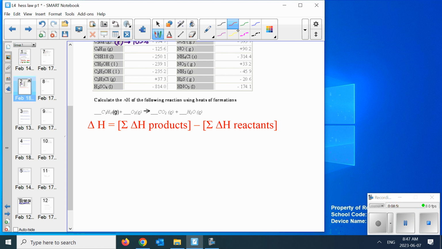I think I might erase it, so I'll put it in lightly. Now, when I do that, I need 8 hydrogens, so I need 4 H2O here. Okay, I've got carbon and hydrogen balanced. Let's see about the oxygens.